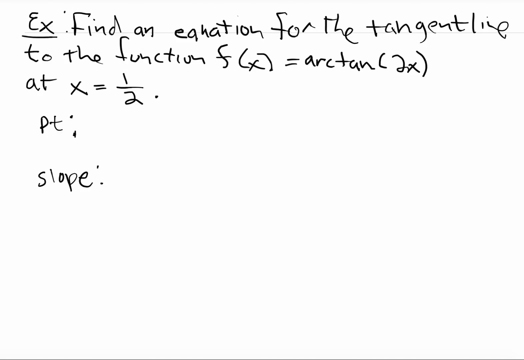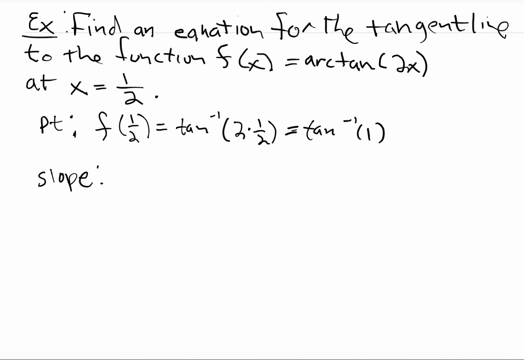Now for my point, go ahead and plug this value into the function. I'll take f of 1/2 here. This is going to be my tangent inverse of 2 times 1/2, which is my tangent inverse of 1.